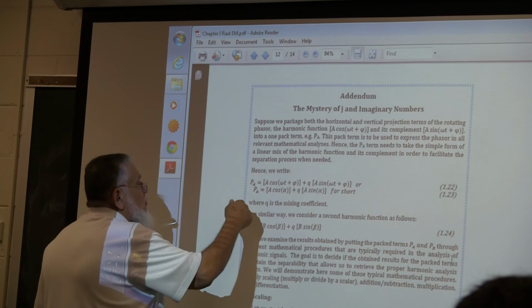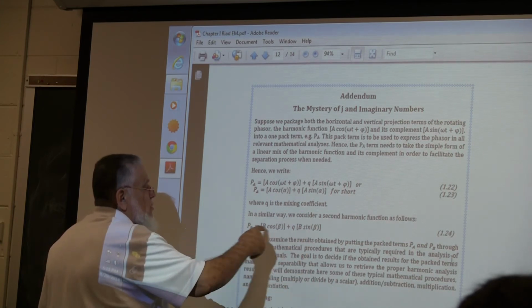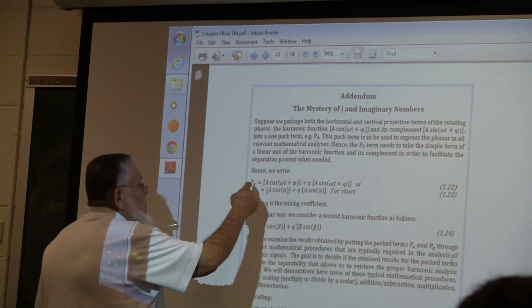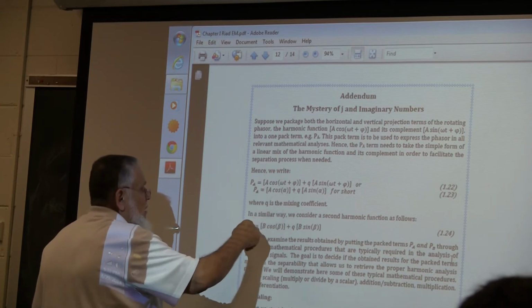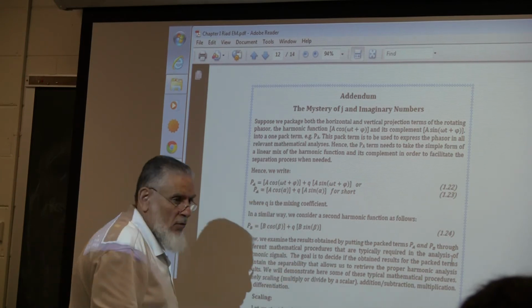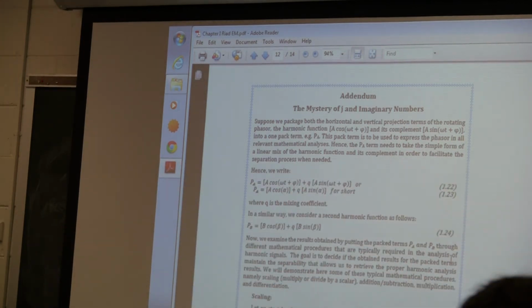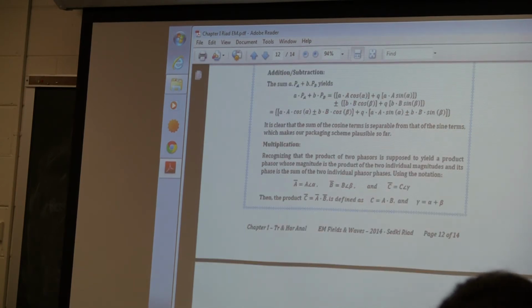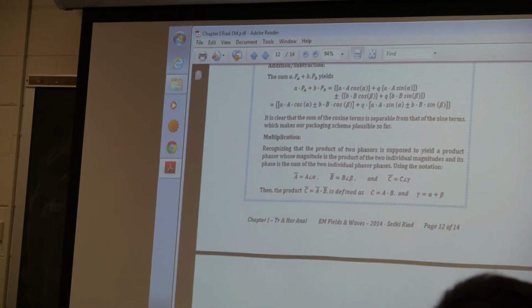Through that argument, I assume that there is another signal B, and I say if I combine A and B, add them, multiply them, do all these kinds of things, at the end I should be able to get the same exact result that I should get if I do only the cosine.